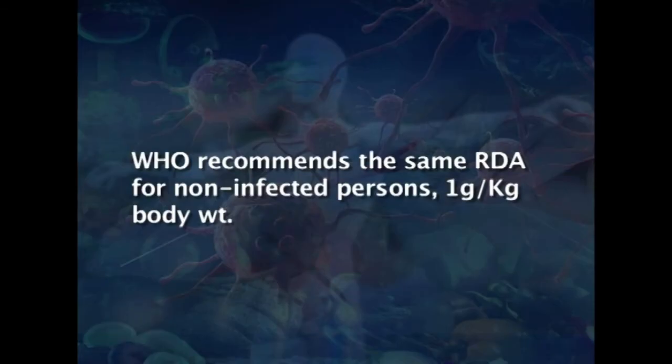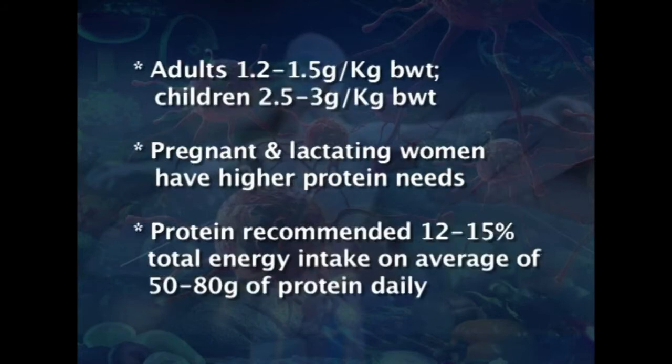WHO recommends the same RDA as for non-infected persons, that is 1 gram per kg of body weight optimum protein intake. Adults 1.2 to 1.5 grams per kg body weight and children 2.5 to 3 grams per kg body weight.